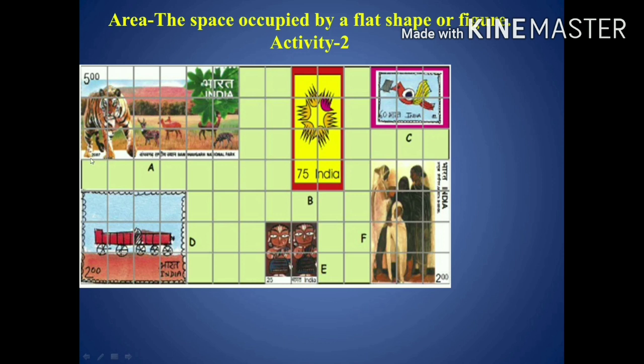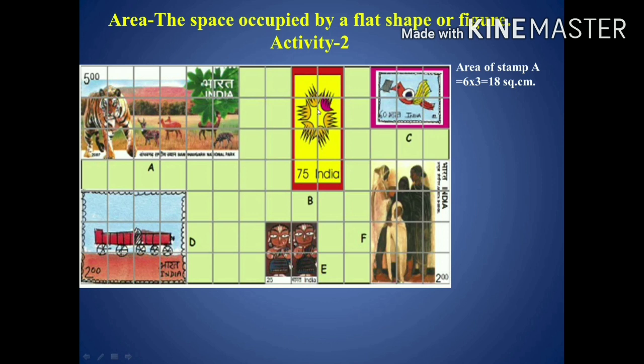Also we can count the squares in the first row and first column. That is 1, 2, 3, 4, 5, 6 and 1, 2, 3. So we can write here area of stamp A is equal to 6 into 3 is equal to 18 square centimeter.